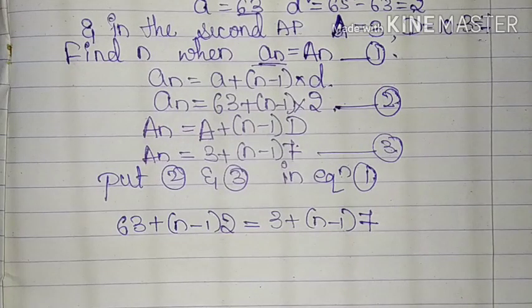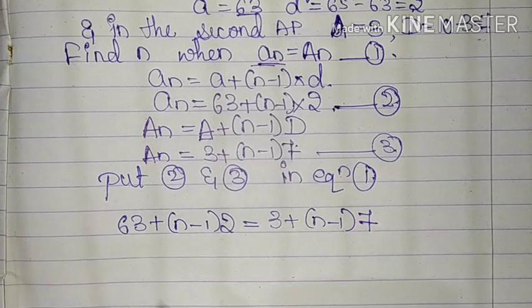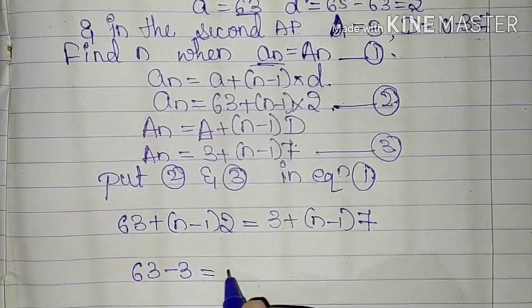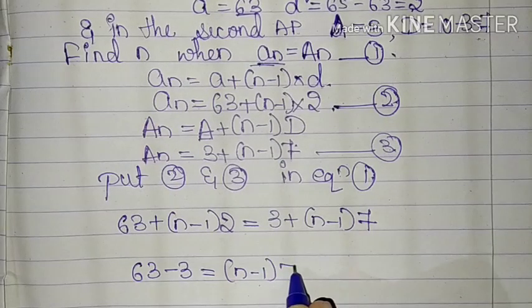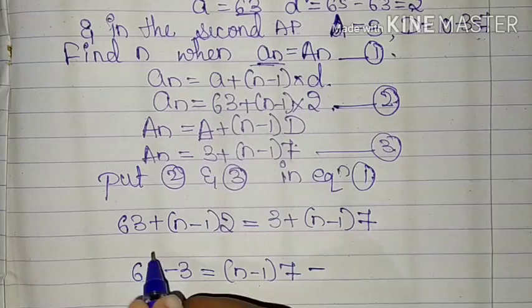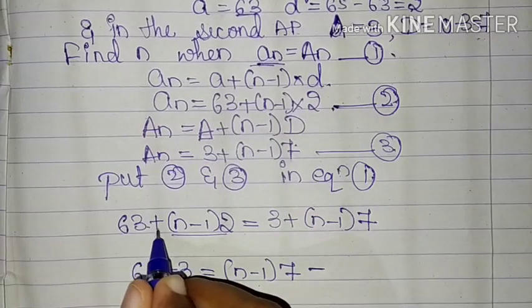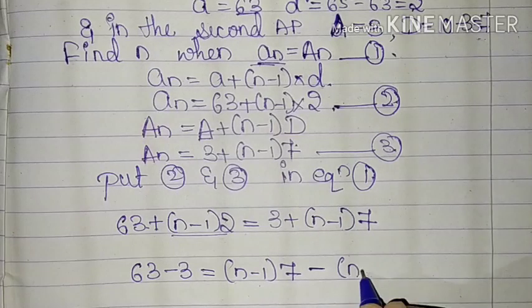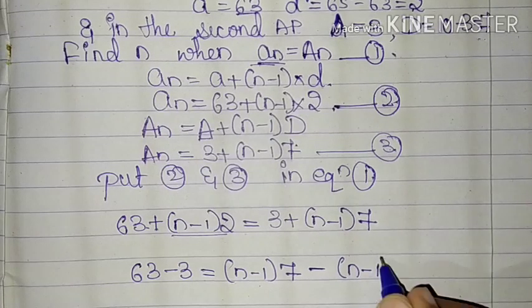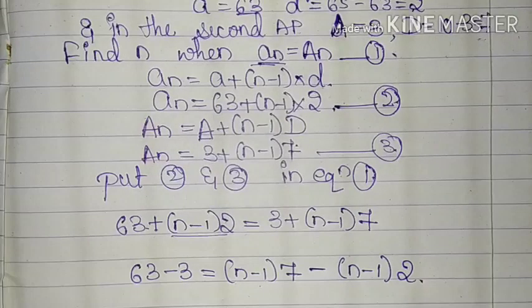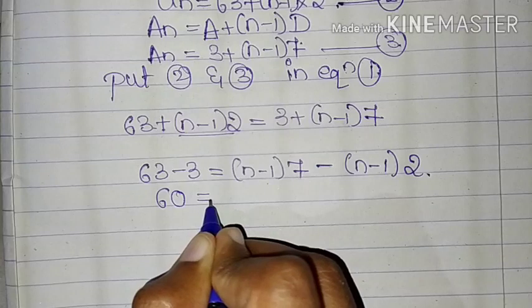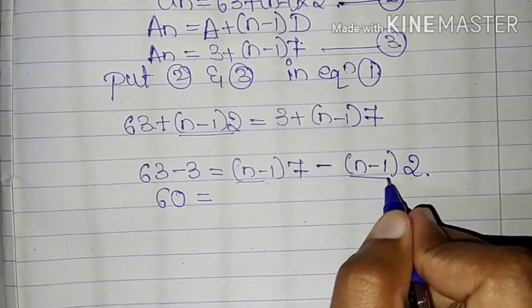Let's keep the n minus 1 terms on one side and the constant terms on the other side. That will be 63 minus 3 is equal to n minus 1 into 7 minus n minus 1 into 2, because on transposing n minus 1 into 2 to the right side, it becomes minus. 63 minus 3 is 60, which is equal to n minus 1 common.